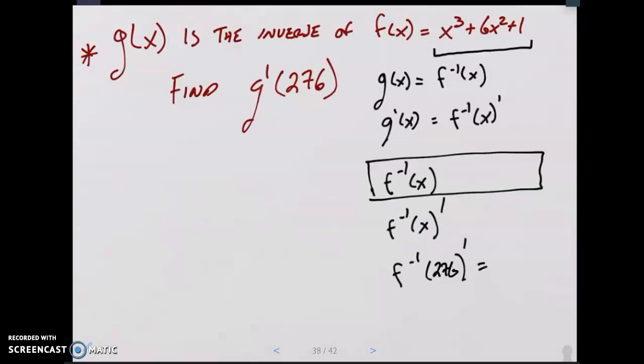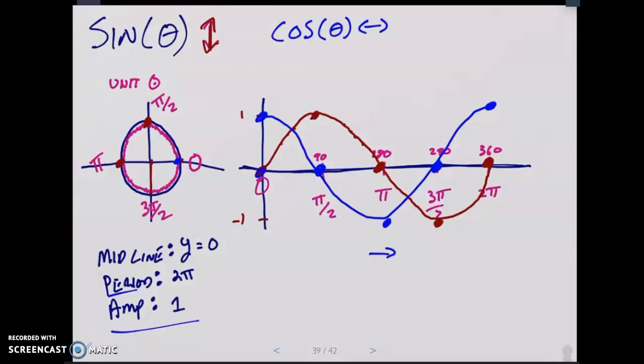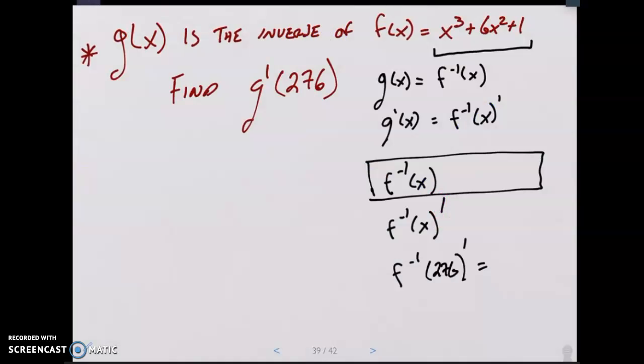Back to the original problem. So again, I have the input right here. 276 is the input of G, but it's the output of F. So work backwards and find what F prime of, think about what 276 goes to.